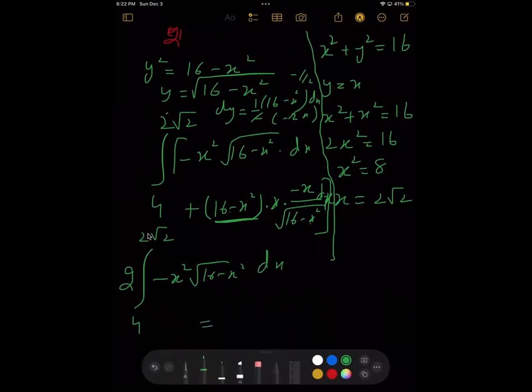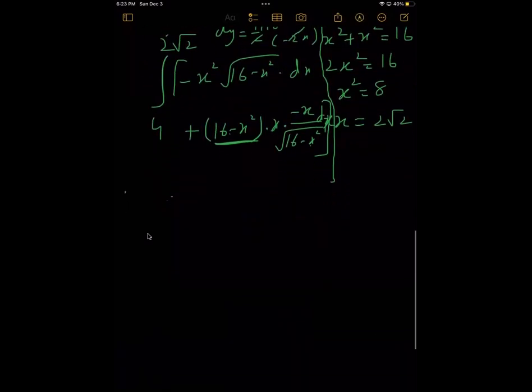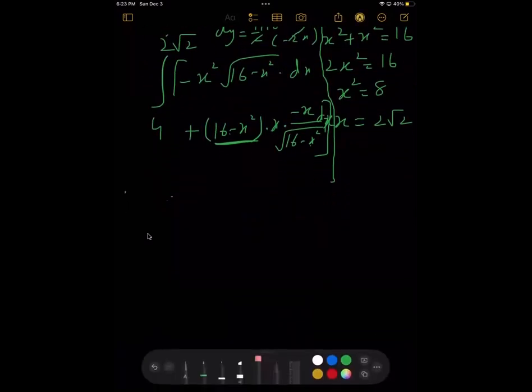Excuse me, can you please write it less crowded? Oh, okay. Should I make it bigger? Okay, I will try. Thanks. Sorry for the messiness, let me make it a little bit bigger. So we will have 4, 2 under root 2.